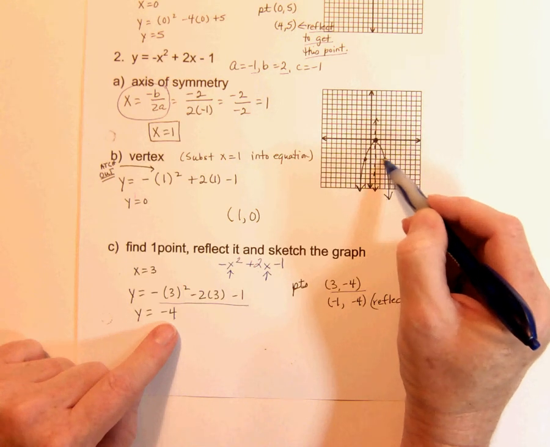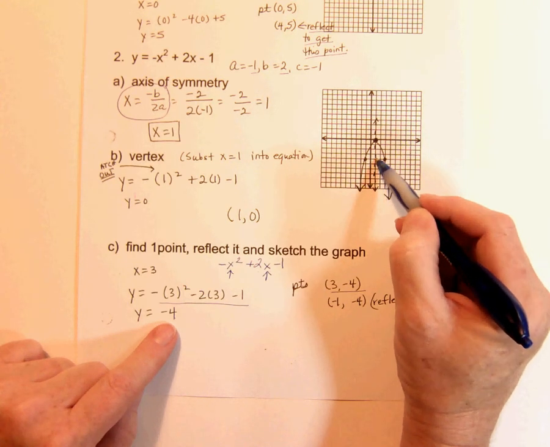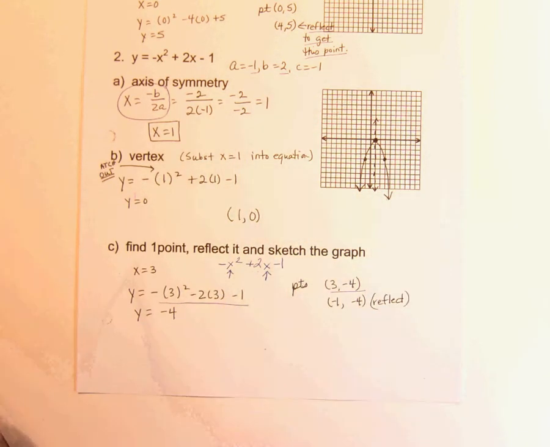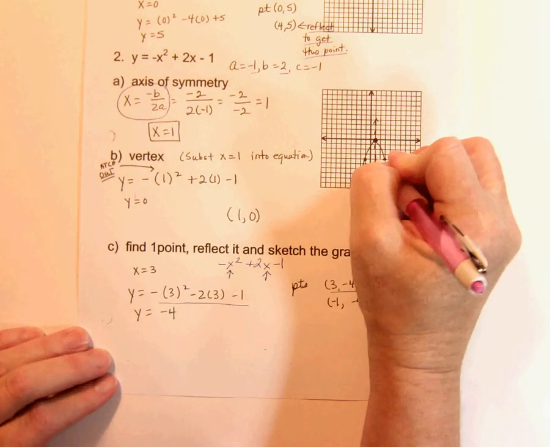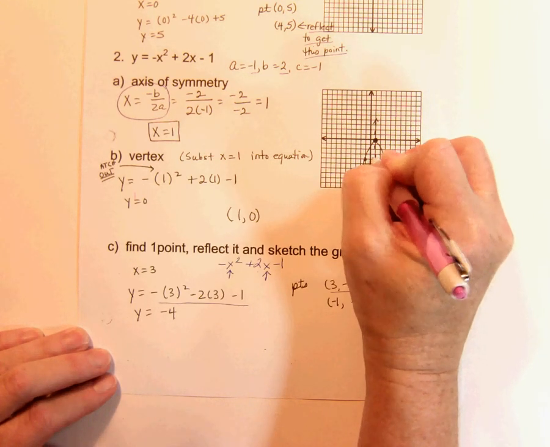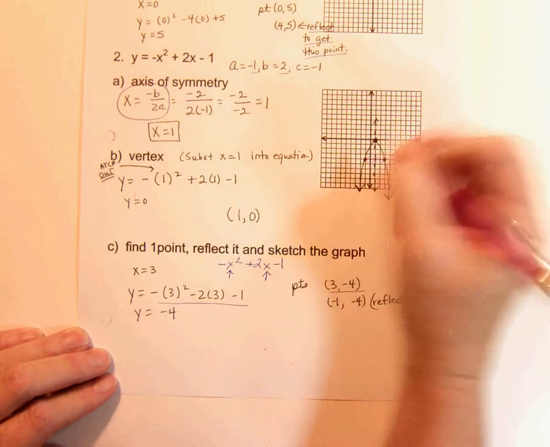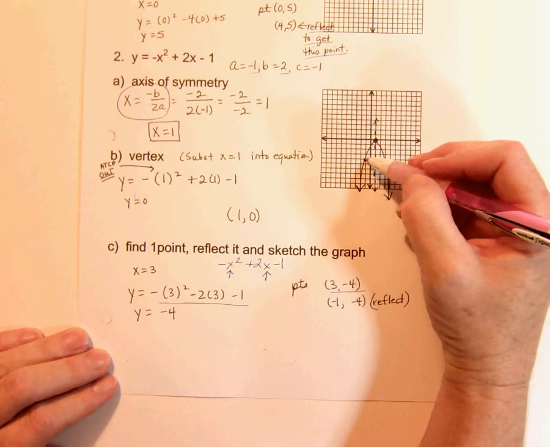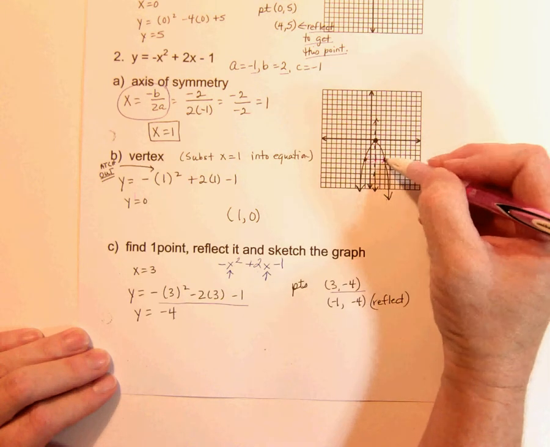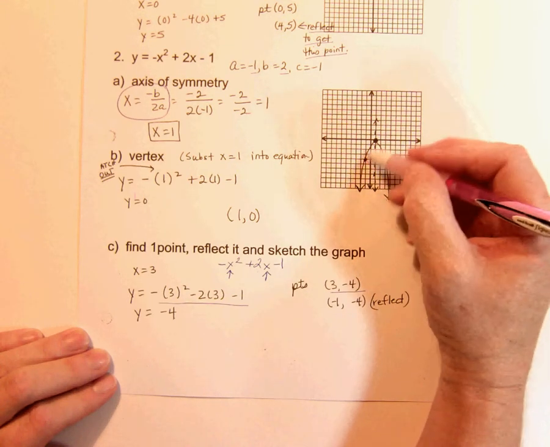That went 2 points this direction from right here. So to reflect, across your axis of symmetry you're going to go 2 points that way. I usually try to tell kids to get 4 points, so that you have 2 points on each side and the vertex point, to draw a pretty parabola.